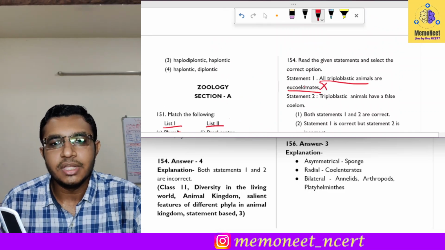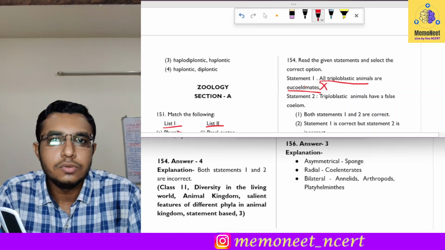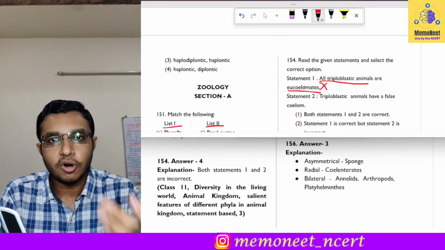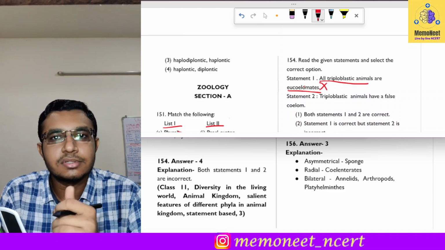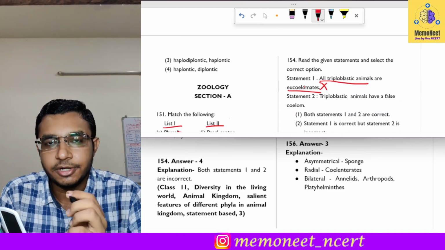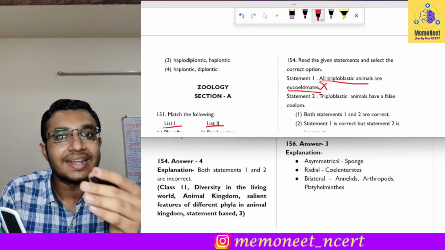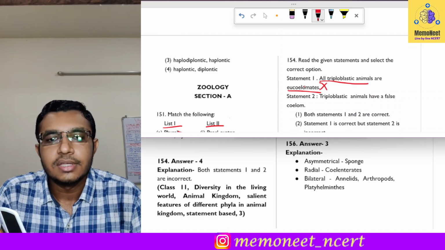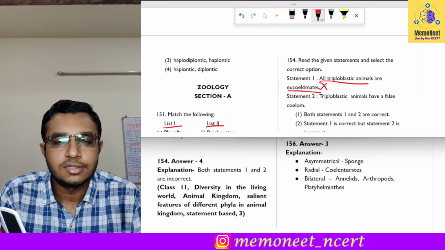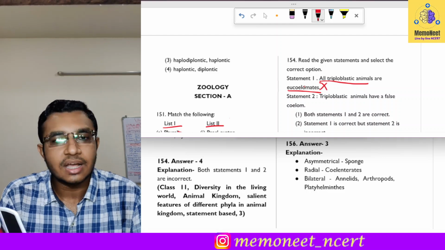For an animal to be called eucoelomate, it should have a true body cavity. If we take an example of Platyhelminthes, that is an example of acoelomate. It does not have a body cavity. Then Aschelminthes is an example of pseudocoelomate. So those are not eucoelomates. So all triploblastic animals are not eucoelomates.